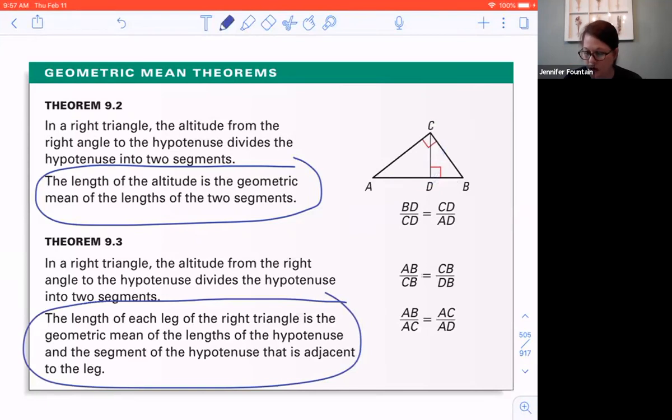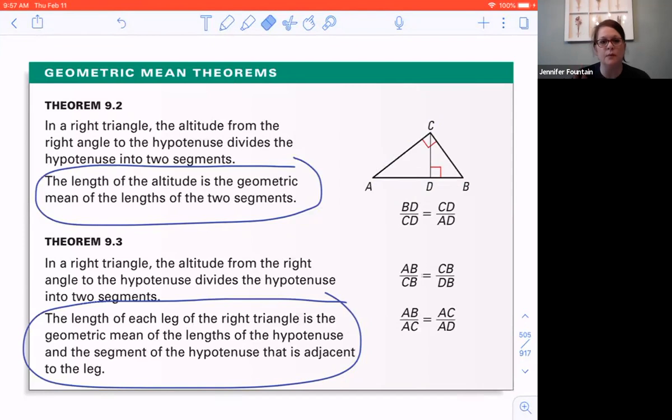So now this one is talking about that if I have AB, talking about that leg, over AC is equal to AC over AD. Okay, so again, long side, short side, short side. Okay, so we can set that up as well. So we're comparing those. Okay, so these are our two geometric mean theorems.